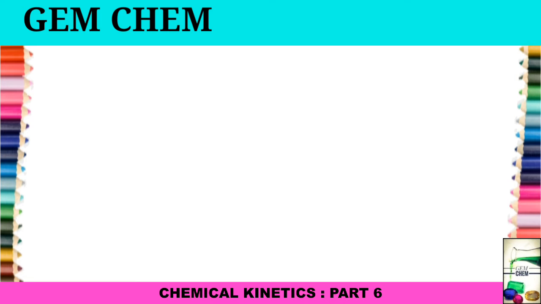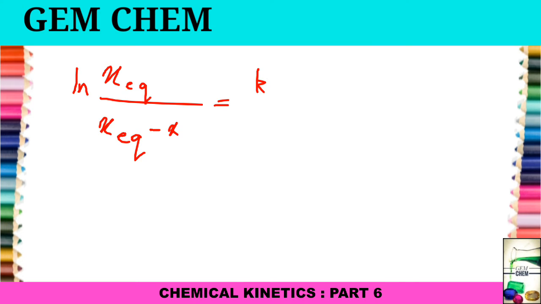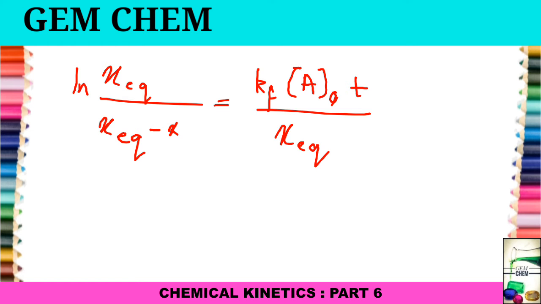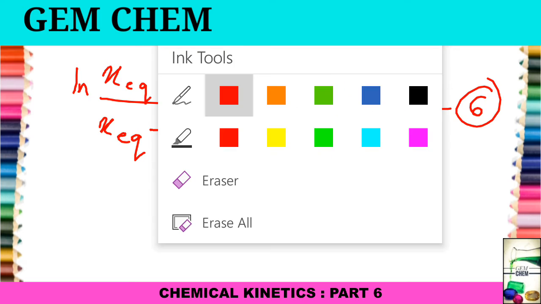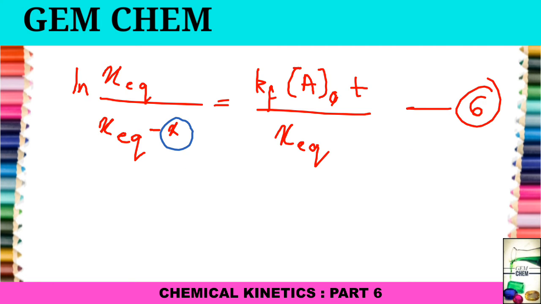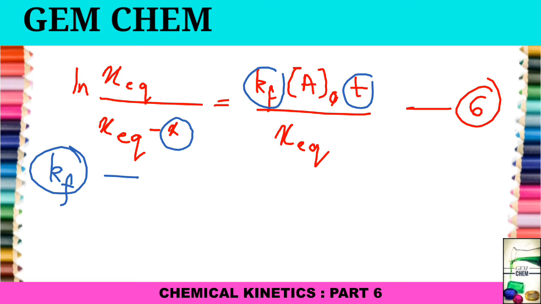From here we ultimately get this expression, that is ln X equilibrium by X equilibrium minus X equals Kf A naught concentration T by X equilibrium. Now if you focus on this equation, this is equation number 6, and what are the things which are unknown? This X is unknown, this Kf is unknown, and this T is unknown, right? So once we find the Kf value, then we can easily obtain the value of Kr.